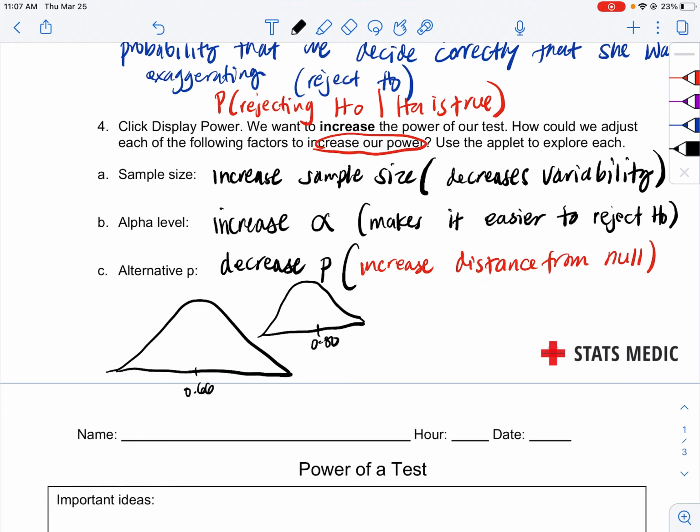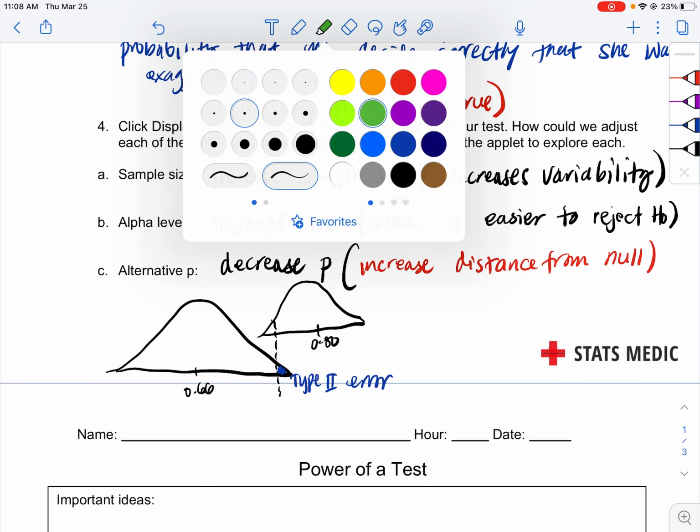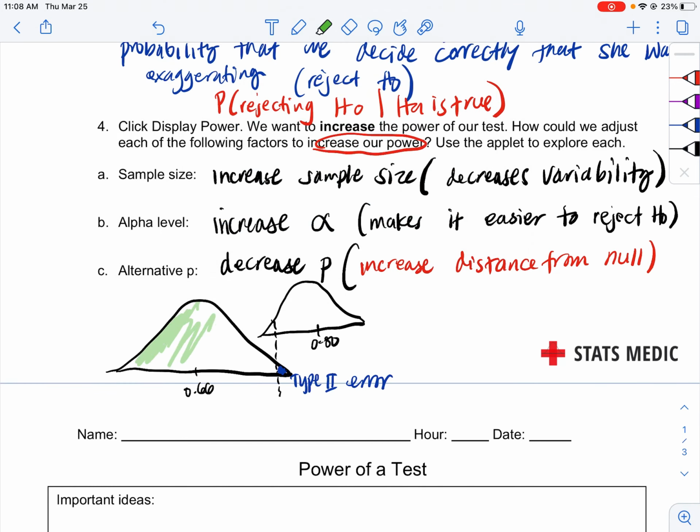And then remember the power, this overlapping blue region here is my type 2 error. And then this whole, let's actually color that green, this whole entire area is our power. It should be green, yeah. That is our power.